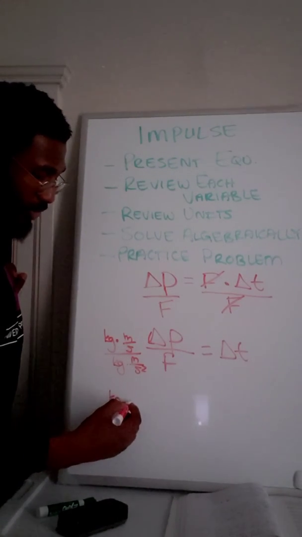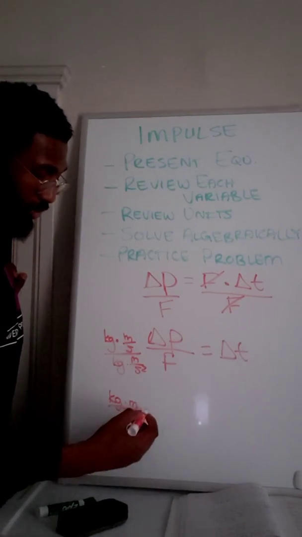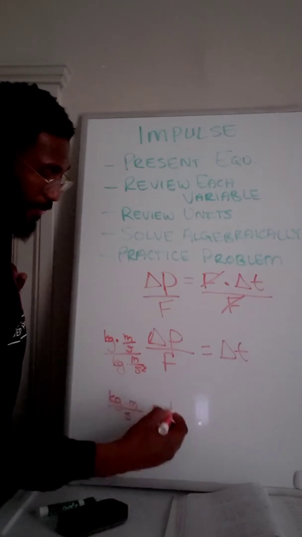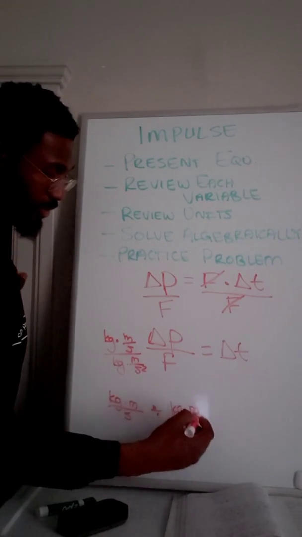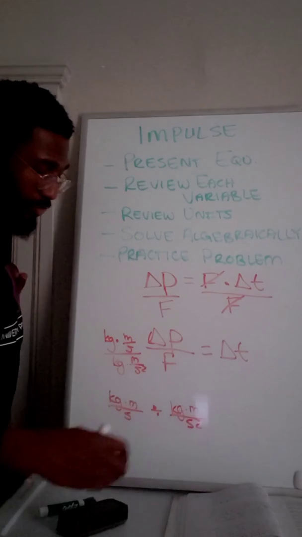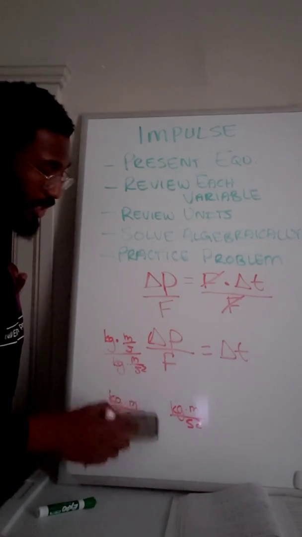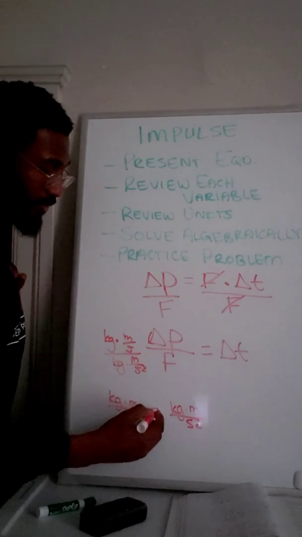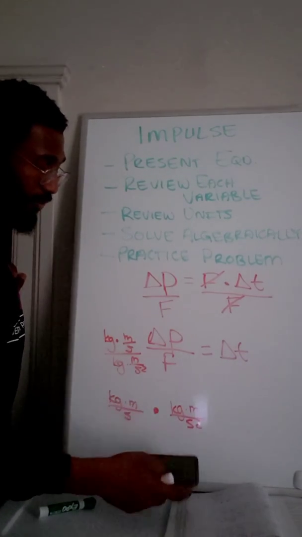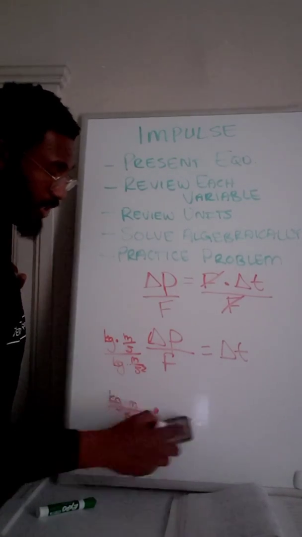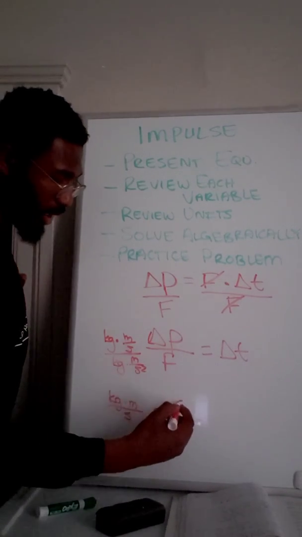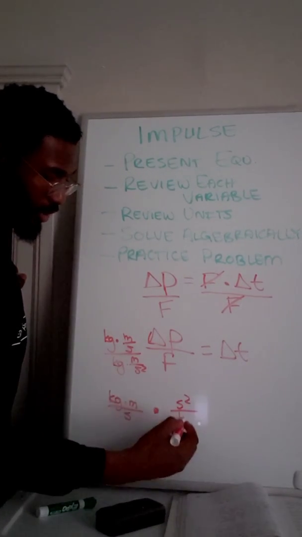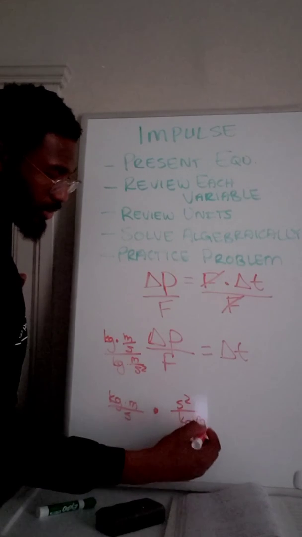So kilogram times meter over seconds divided by kilogram times meter over second squared. So keep change flip rule says keep the first, change the sign from division to multiplication, and flip the second. So that'll be second squared over kilogram times meters.